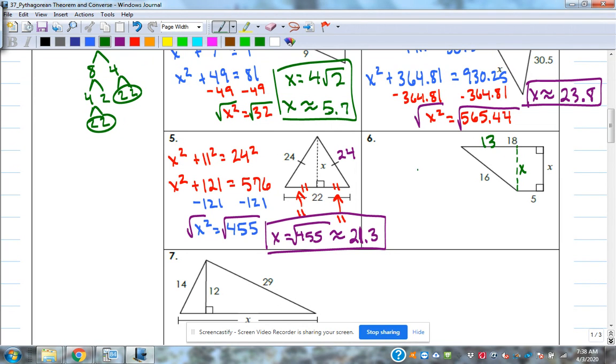So we know x squared plus 13 squared equals 16 squared. x squared plus 169 equals 256. Subtract, 87.